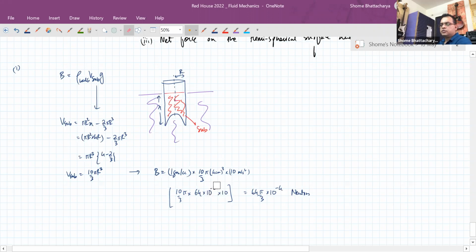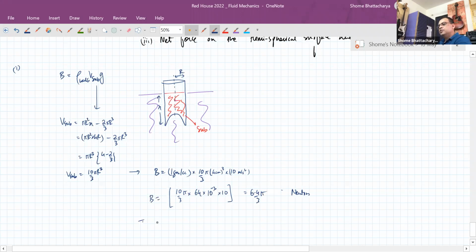That's the difference. So yeah, this will become 6.4 by 3 pi in newtons. So that's as far as the buoyant force is concerned.